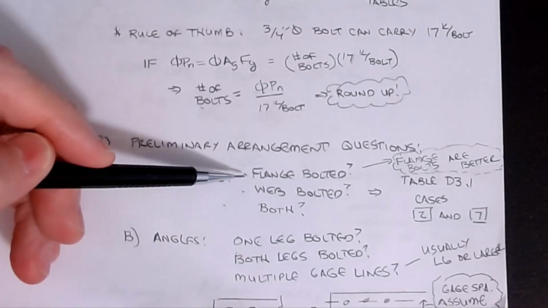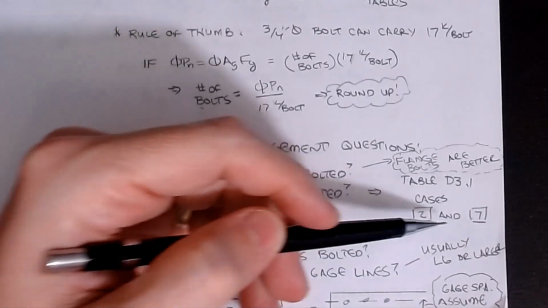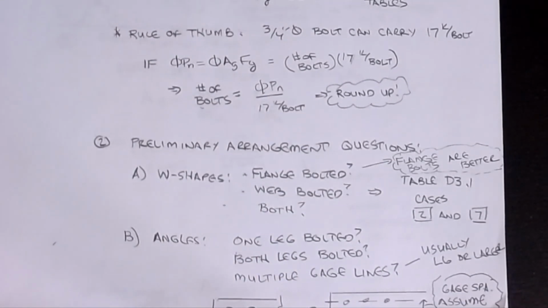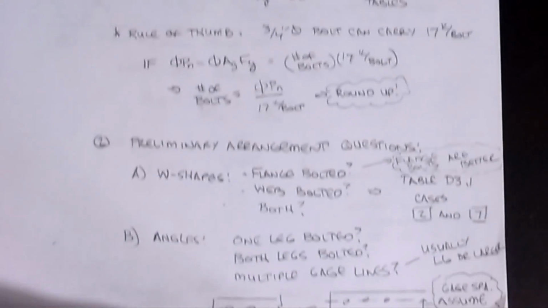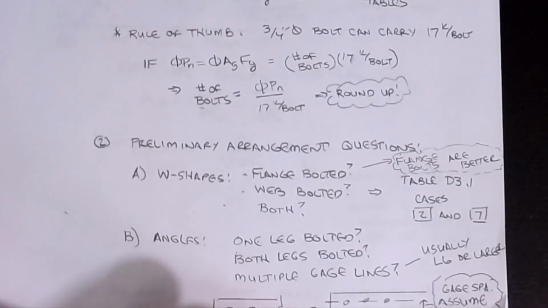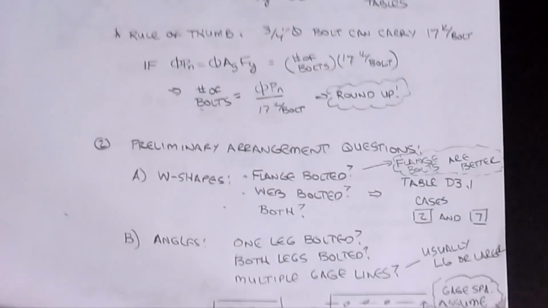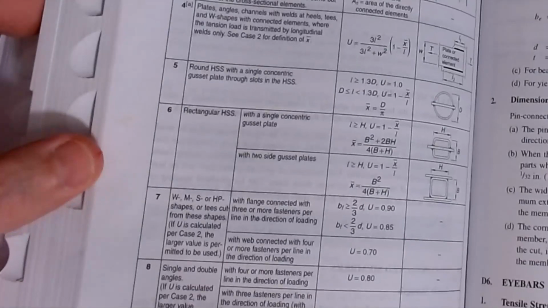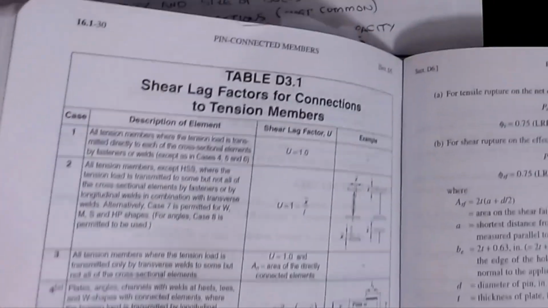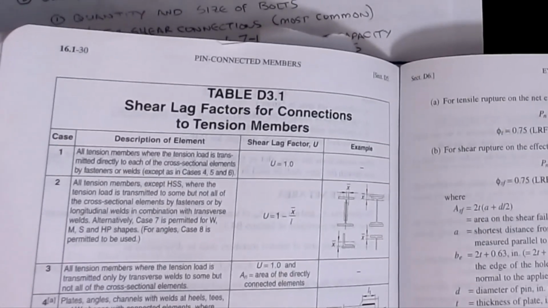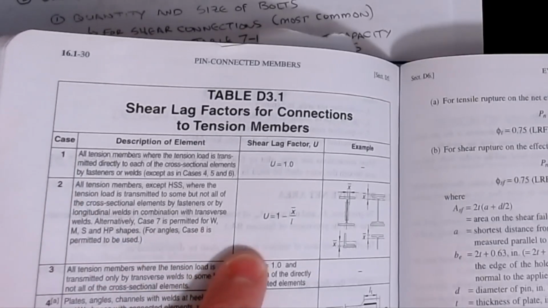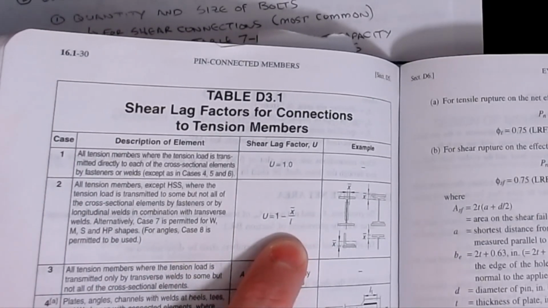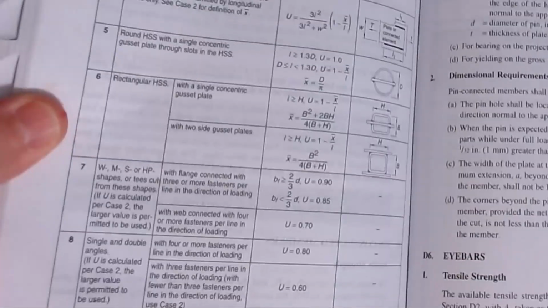Now, with that being bolted, this is why case 7 in the table exists. So again, I know we're bouncing around a lot here, but in our shear lag coefficient, table D3.1, we're looking at either case 2, which is our general formula 1 minus x bar over L and the rules for calculating that, or we're looking down at 7.